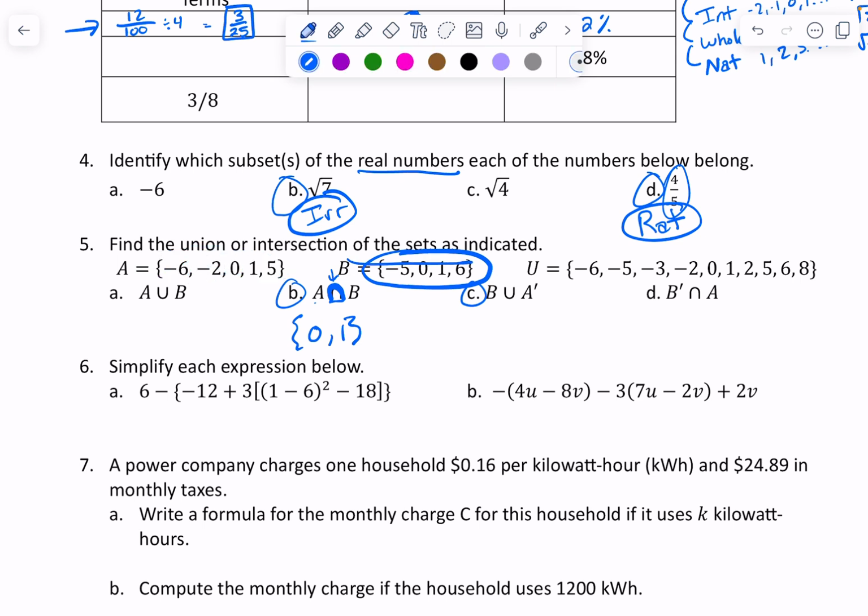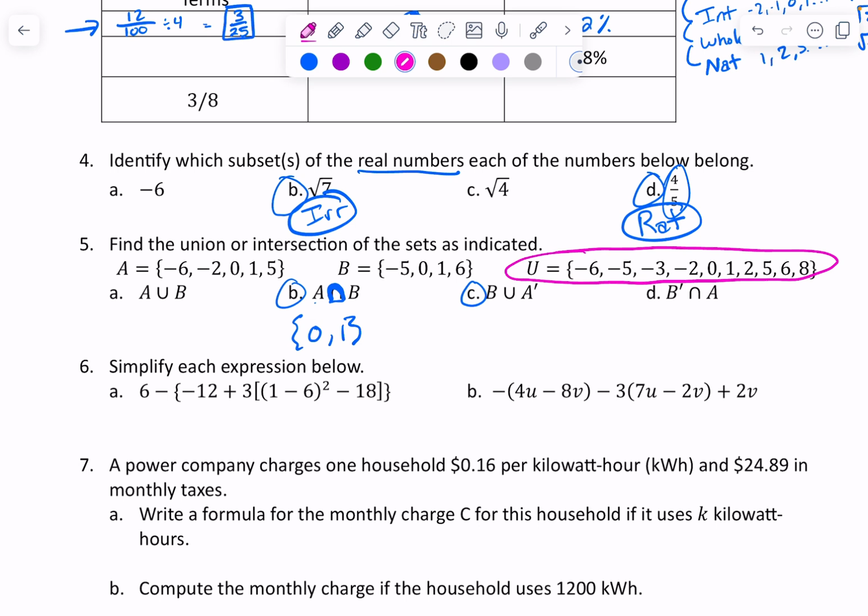But they do this little prime thing right here. What does A prime mean? Well, this last set is the universal set. So all of the numbers live in here and then some more probably than that, right?